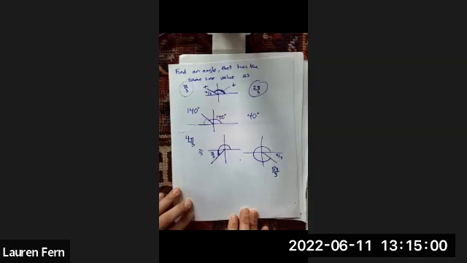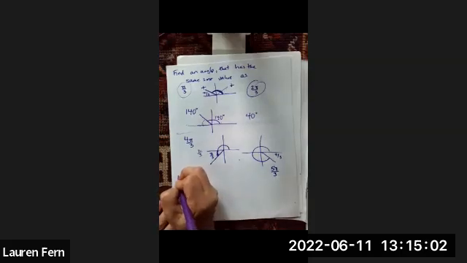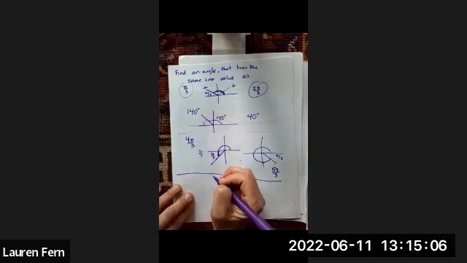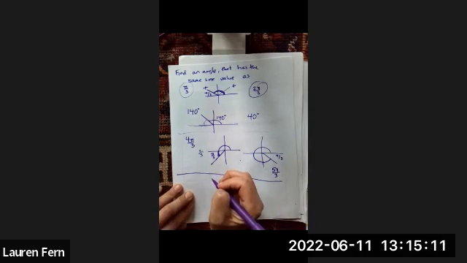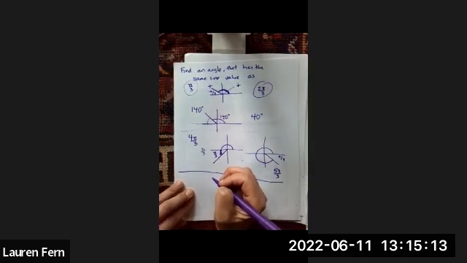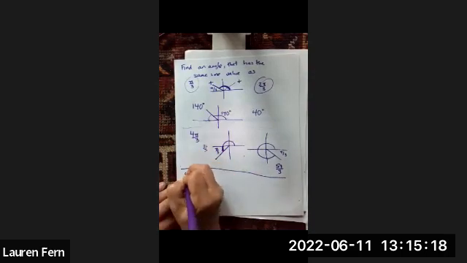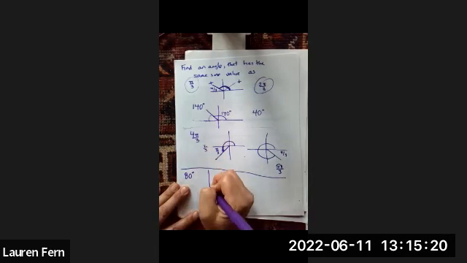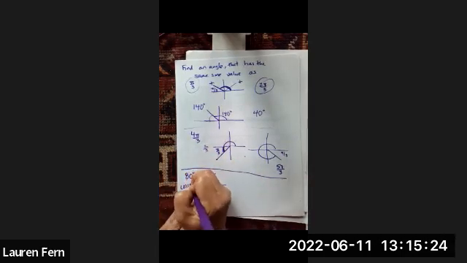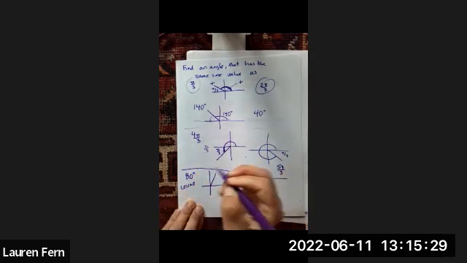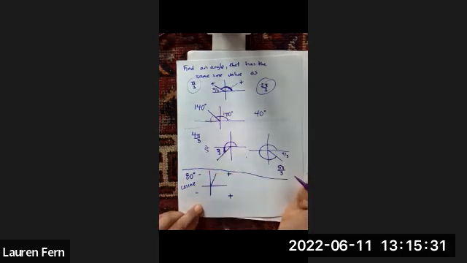So let's do that again, but now let's do that with our cosine. So we want to find an angle that has the same cosine value. Let's do, how about 80 degrees? Again, we're talking about our cosine. Key thing to remember is cosine's positive in both of those quadrants and negative in both of those.